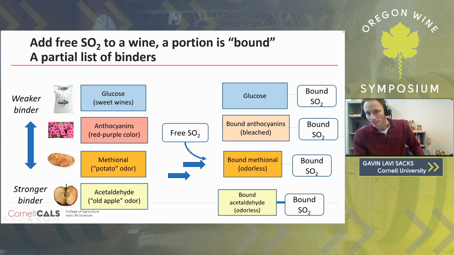All of these can bind SO2 to varying degrees, which will, for example, in the case of methionine and acetaldehyde, result in compounds that are no longer volatile. And this is, again, a reason to have SO2 present. It prevents these malodorous aldehydic compounds from being volatile, and thus from being odorous. And unless you are making a port or a sherry type wine where those compounds are expected to be present, that's probably going to be desirable for your wine.